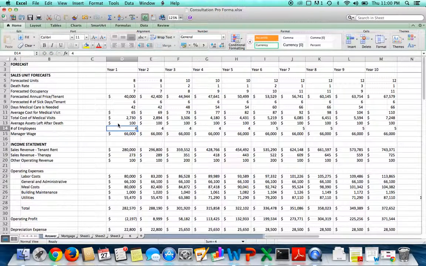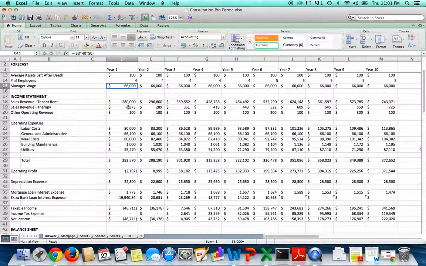Our number of employees are 4 in year 1 through 5, as stated on the internet, and then it increases by 1 in year 6. And we have the manager's wage, which was the average hourly wage in Texas times the number of hours per week times the number of weeks in a year.